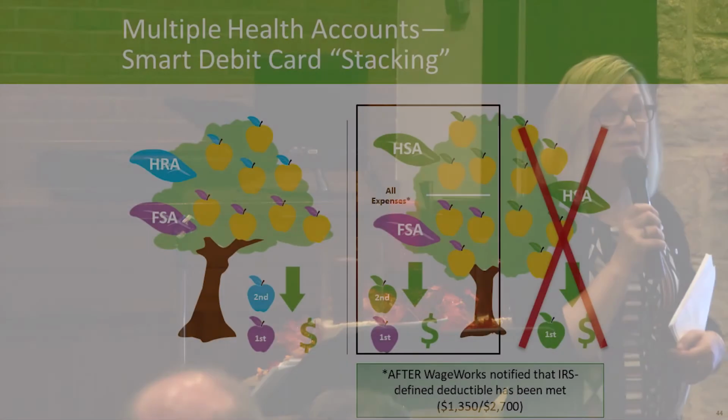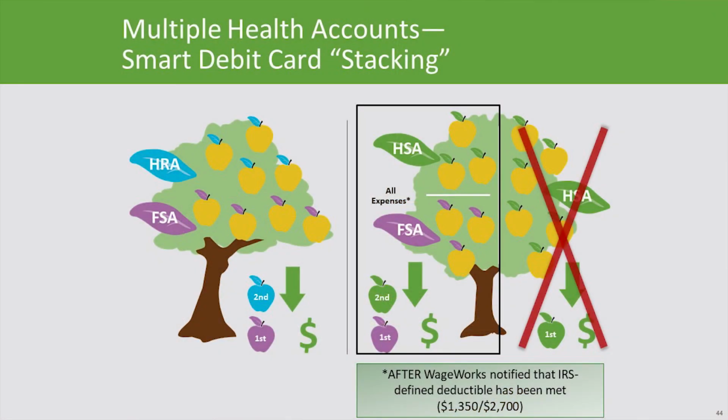So what happens is, once you reach that threshold of $1,350 for a single, you, the participant, have to call WageWorks and say, WageWorks, I've met my threshold. I now need you to correct my card so that my card knows I can now use my flexible spending for everything. Because again, you don't want to lose the funds in your flex spending.